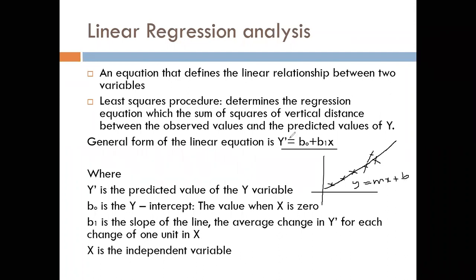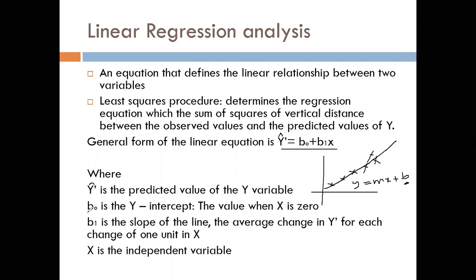So we say that the estimated value of our dependent variable based on this model is beta naught, which is your b in this case, plus beta 1 x, where y cap is the predicted value of y, a model for predictions.